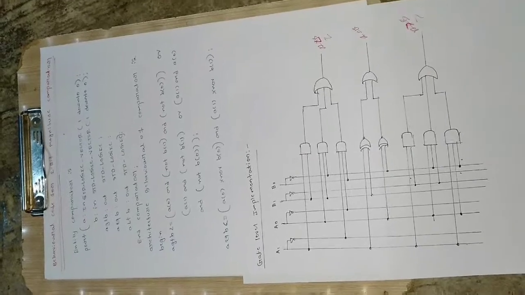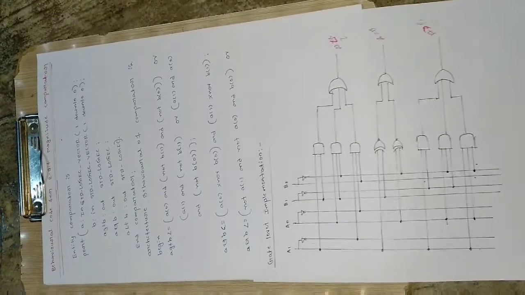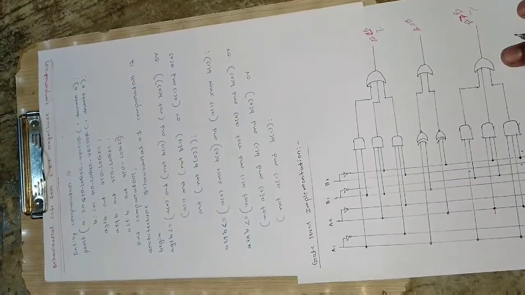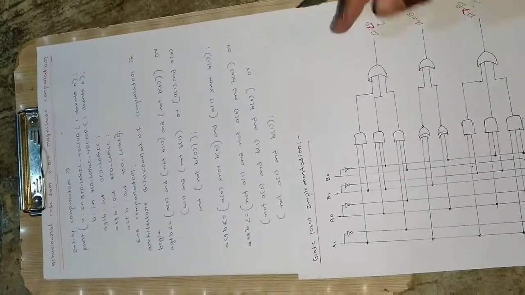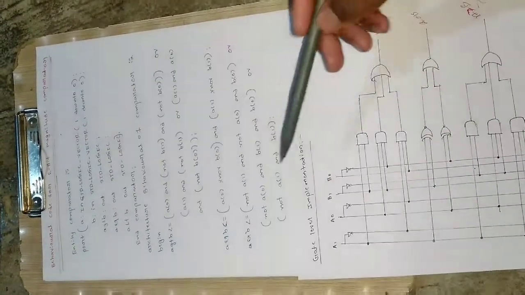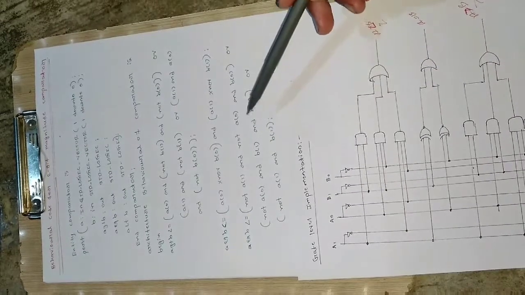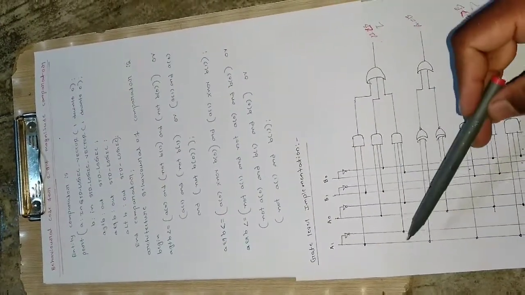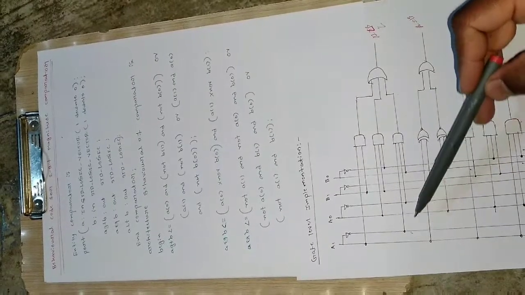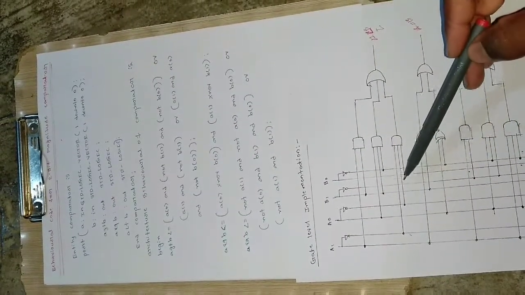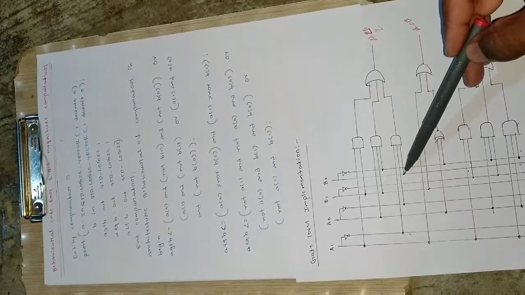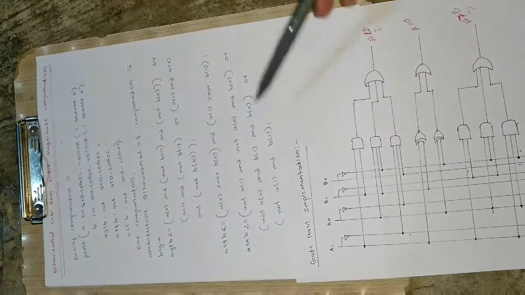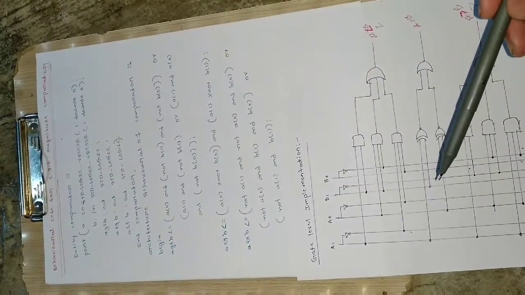And similarly for the third one, that is a less than b, we will be having not a of 1 and not a of 0 and b naught. So this is not a of 1 and not a of 0 and b naught. So first we have written that, then ORed with not a of 0 and b of 1.